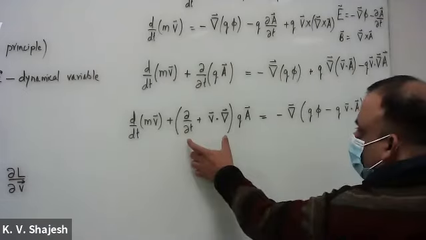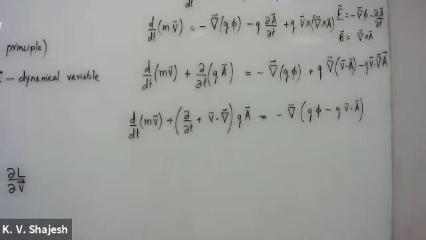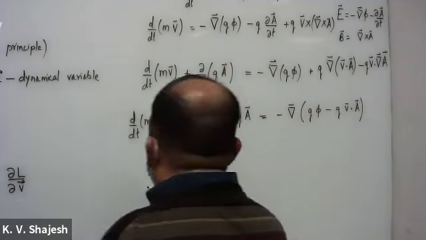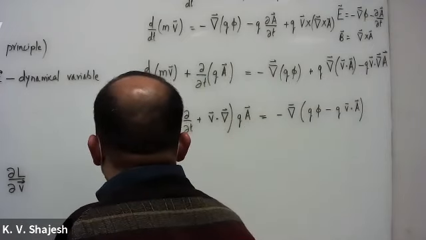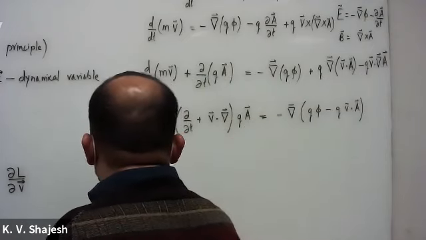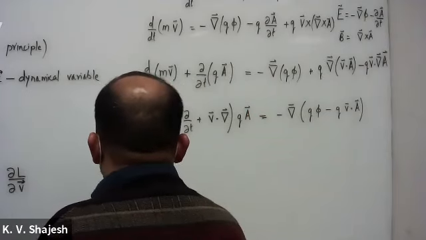This we recognized is a total derivative, in the sense that a position can depend on time itself. So vector potential A in general is a quantity that depends on position, which in turn can depend on time.